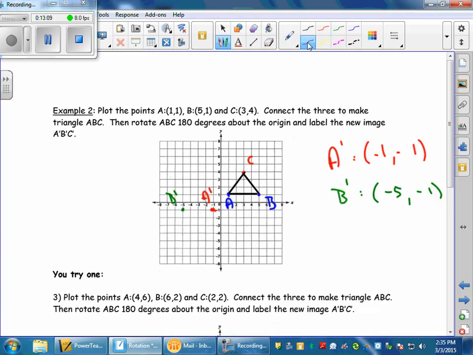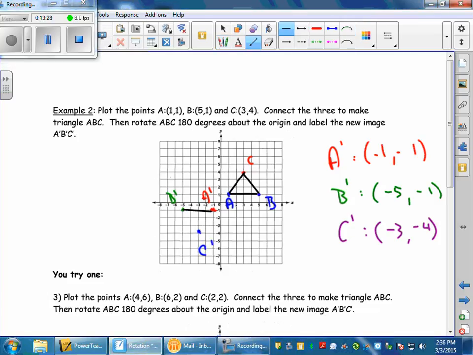C prime is just going to be negative 3, comma negative 4. So now that I have this, all I got to do is connect these 3 points, and I have the same exact triangle.